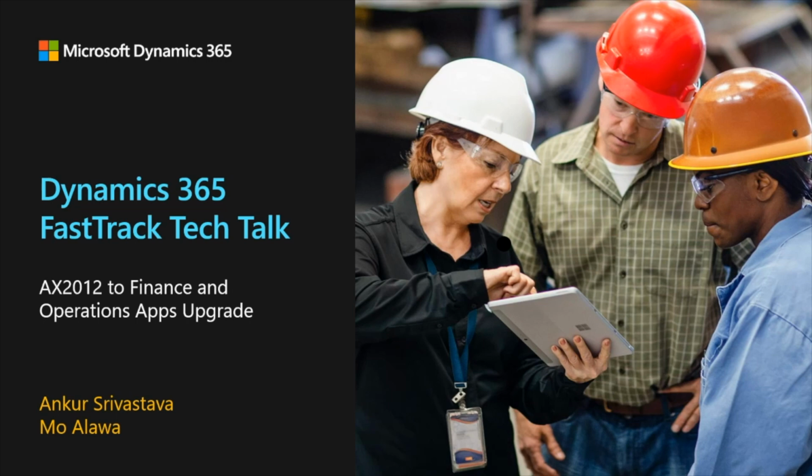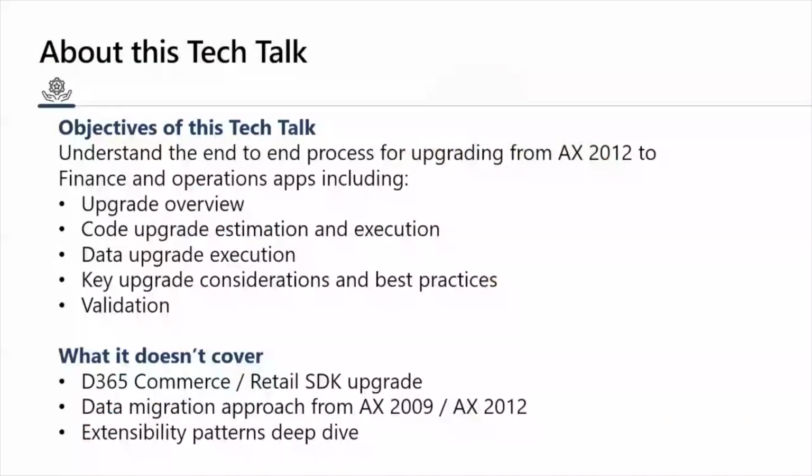Welcome to our Fast Track TechTalk for upgrading from AX 2012 to Finance and Operation Apps. Our objective is to give you an understanding of the end-to-end process for upgrading from AX 2012 to Finance and Operation Apps, including an overview of the upgrade process, a deeper look at how you arrive at the estimation for the code upgrade activities and how you execute that, what kind of steps are required for the data upgrade execution, and some of the key upgrade considerations and best practices.